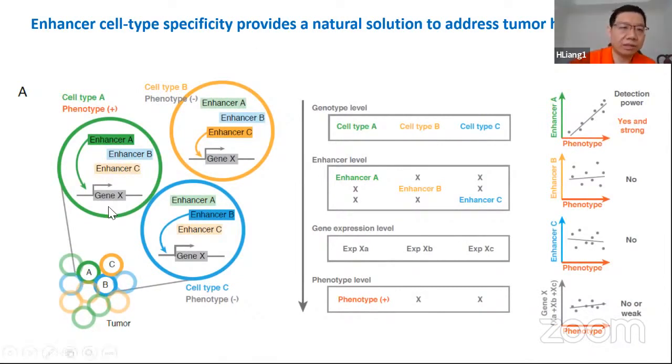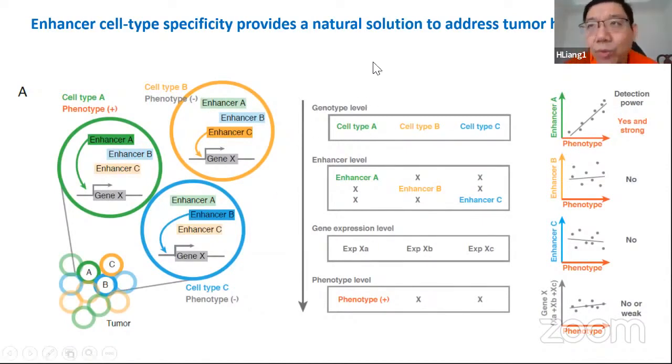So here, I just give you a concept. Suppose you have a mixture of 3 cell types, cell type A, cell type B, and so on, with enhancer A, enhancer B, enhancer C, where enhancer A in cell type A controls gene X, and enhancer B has its own correspondence.